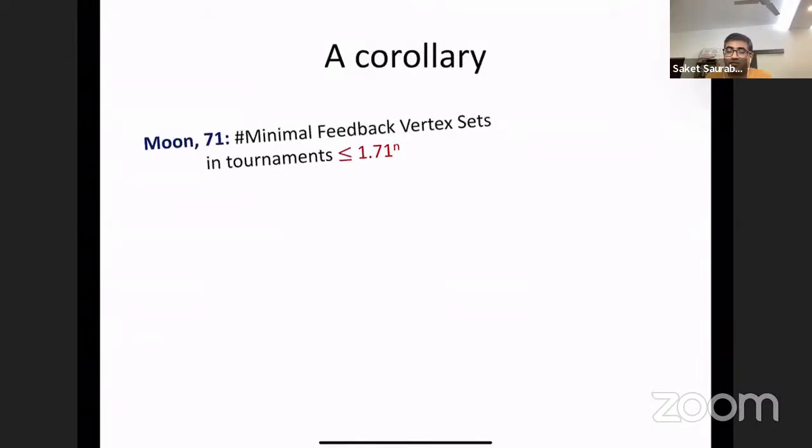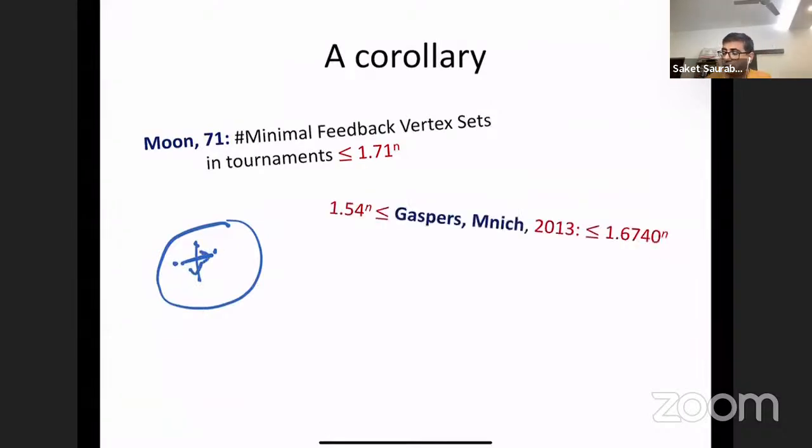As a corollary, we saw that Moon in 1971 showed a bound on minimal feedback vertex sets in tournaments. What are tournaments? You look at a complete graph, where between every pair of vertices there is an edge, and you make an orientation. These are called tournaments. Gaspers and Mnich showed in 2013 that this number is between this and this.